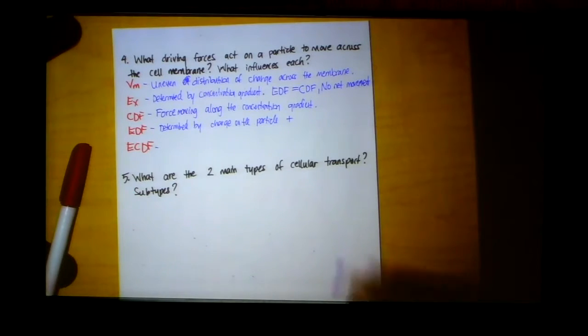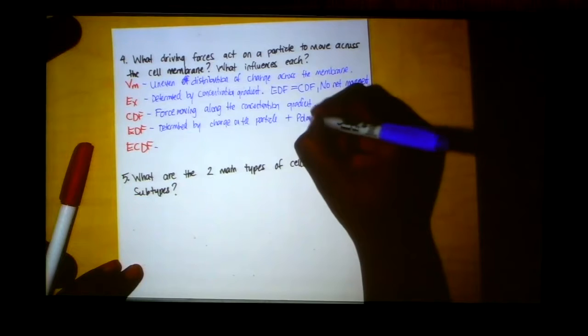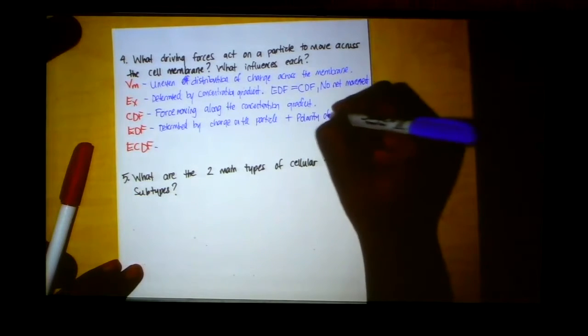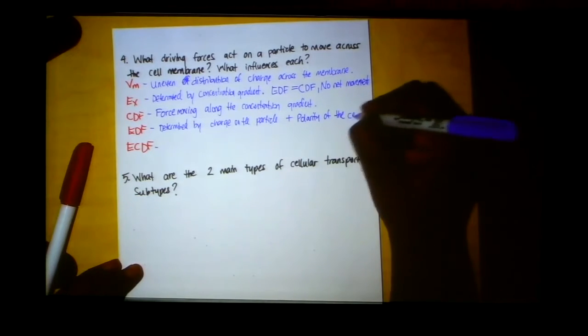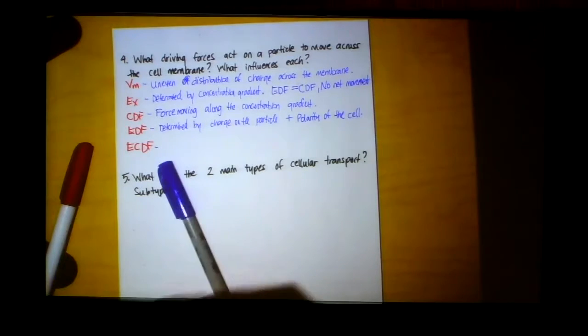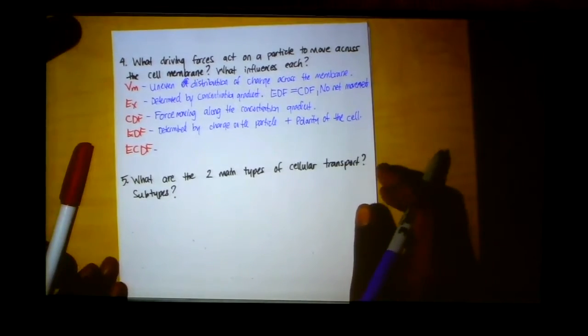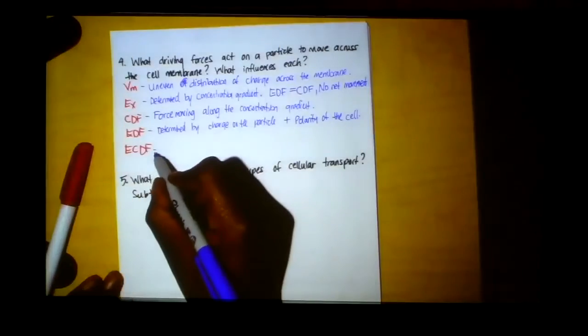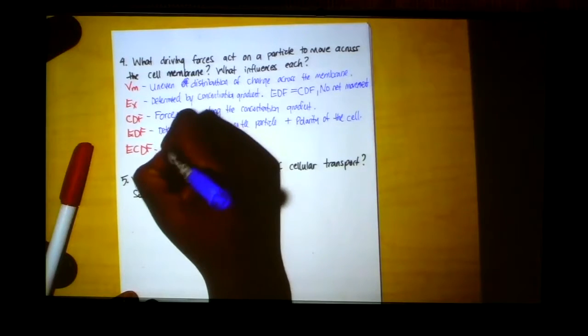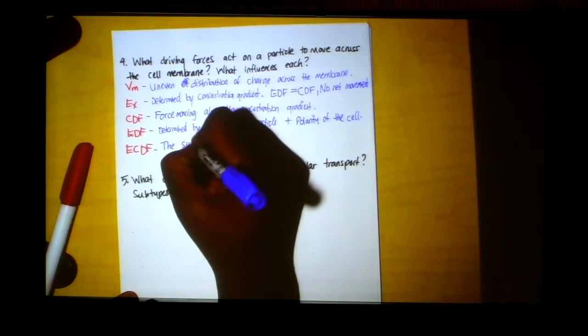The polarity of the cell, the ability of the cell to be negative on the inside and positive on the outside. Okay, that creates this environment where we can have opposite charges attracting and like charges repelling. Okay, and then the electrochemical driving force is simply the sum of the two forces, right? The sum of these two forces.